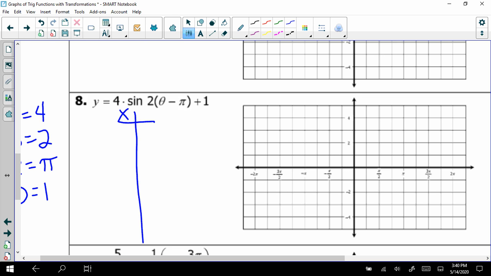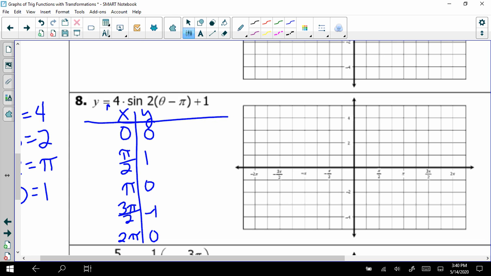Starting with my parent function, it's sine, so I'm going to use my quadrantal angles. Sine starts at 0, 1, 0, negative 1, 0. And I've got 4 things I need to take care of.